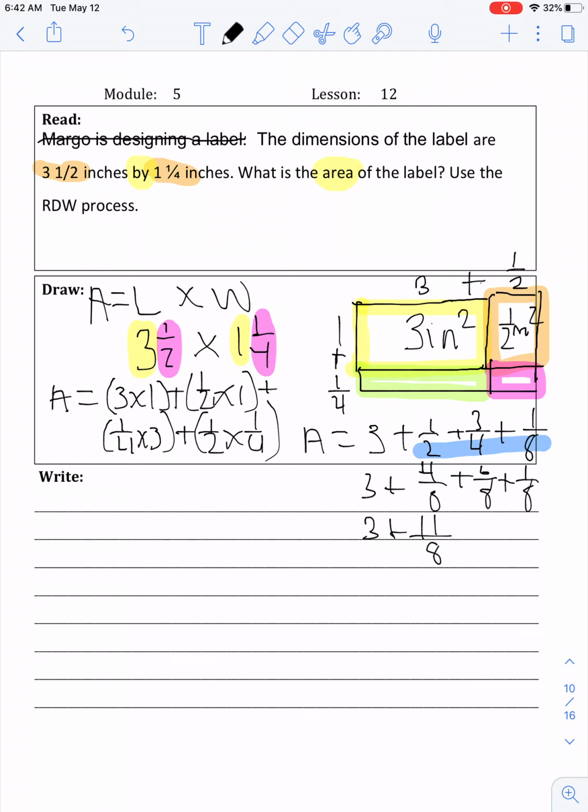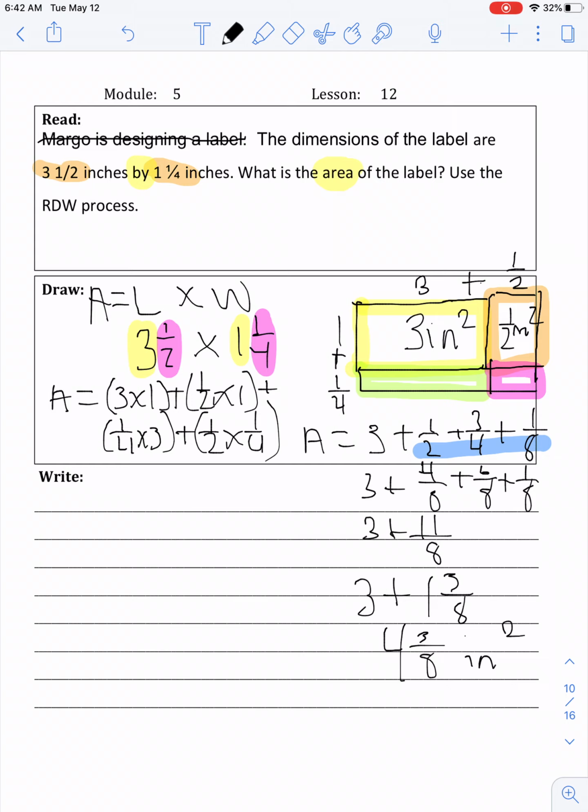So 3 plus 11/8. 11/8 is the same as 3 plus, 8 goes into 11 one time. 8 times 1 is 8, plus 3 is 11/8. So 3 plus 1 and 3/8. 3 plus 1 is 4, and then we have 3/8 left over. So our area is 4 3/8 inches squared.